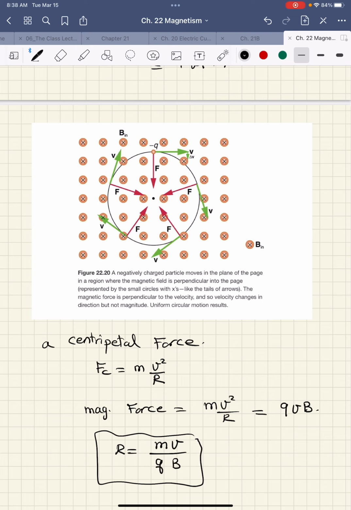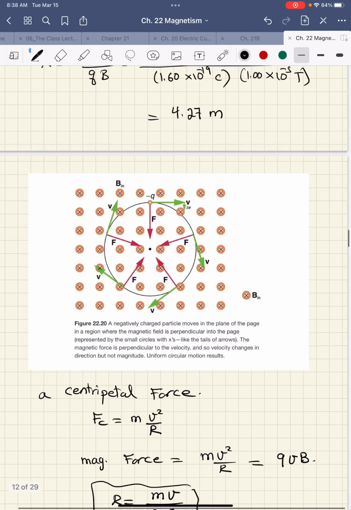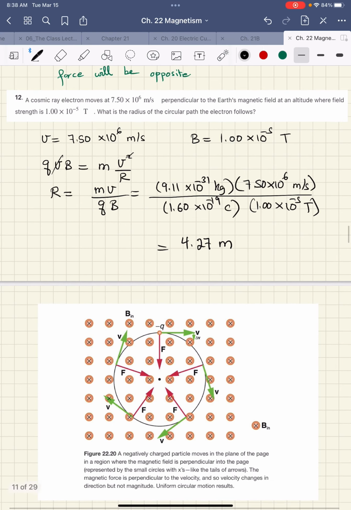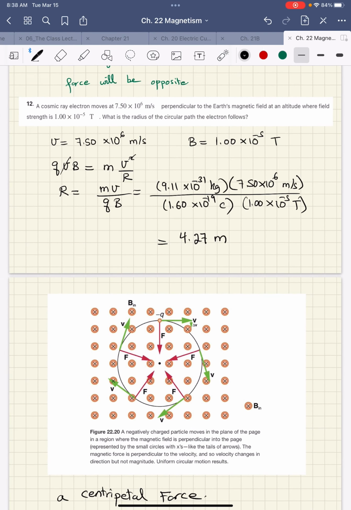This is one of the most important applications, where we have accelerators, where we are going to accelerate nuclear material.